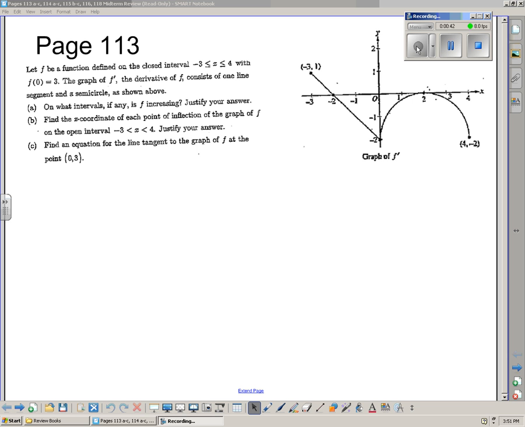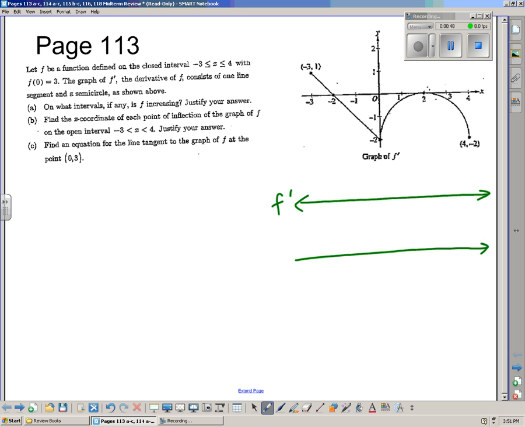So before I even do this, I'm going to draw number lines for f prime and f double prime. And if you understand the number lines, these questions are very easy to do. So the number lines, if I'm given a graph of f prime and I'm trying to fill out the f prime number line, I am looking to see whether the graph is above or below the x-axis.